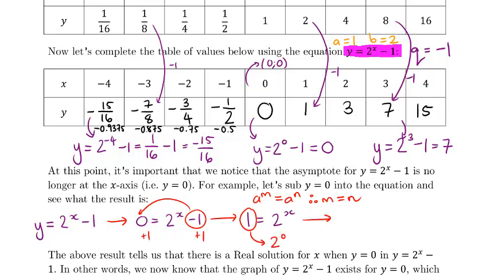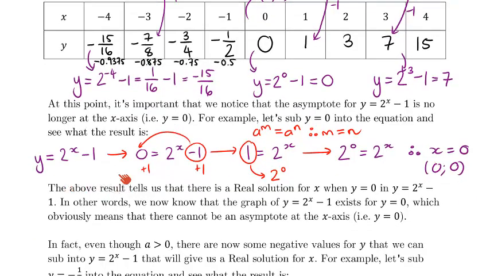So this equation will become 2 to the 0 is equal to 2 to the x, and therefore I know that x is equal to 0 when y equals 0 was subbed in over there. Oh, what do you know? Basically, guys, remind yourselves, what are we determining when we let y equal 0 in the equation of a function? We're determining the x-intercept. This tells us that (0, 0) is the x-intercept, guys, just like we saw earlier.